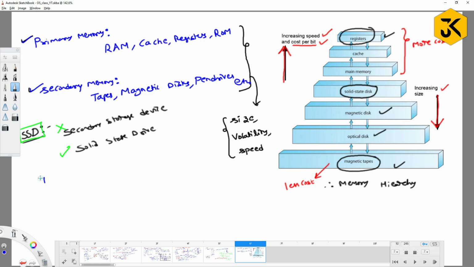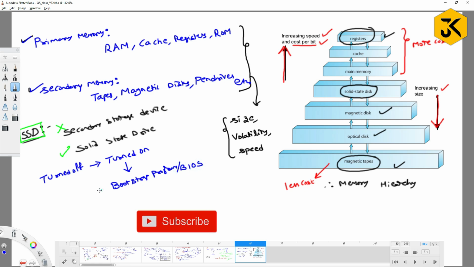Okay, fine. And one more important thing is, when you turn off your system and again turn it on, your operating system has to load. But before the operating system, there is a program called the bootstrap program. This is the first program that is run when your system is turned on, or I can call it BIOS.